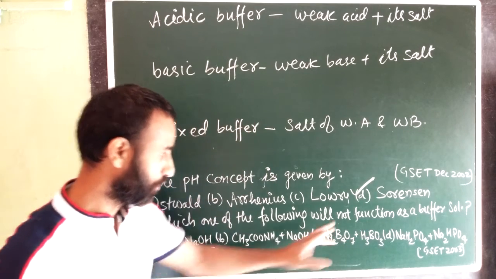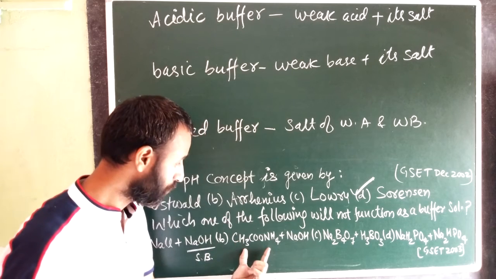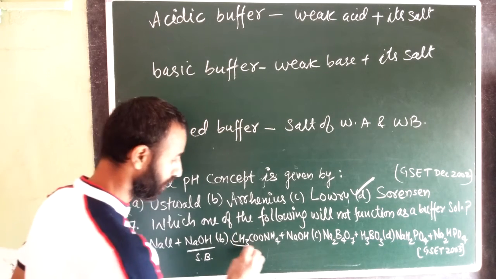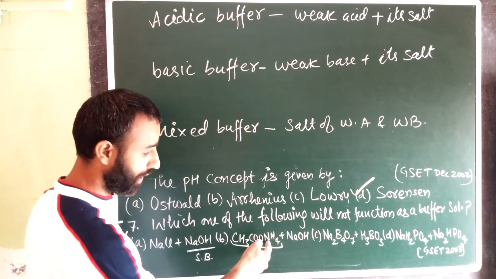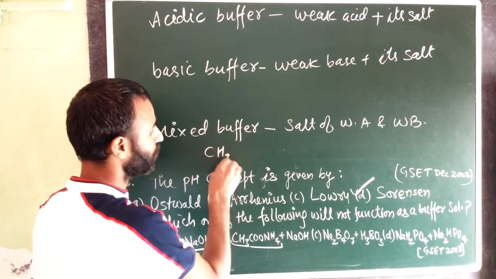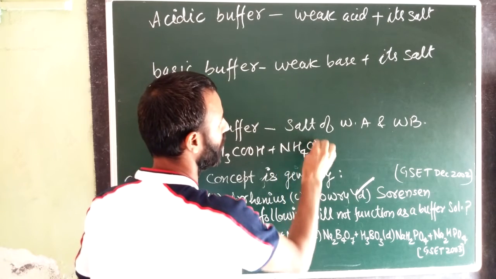So why are other options not correct? Just see. First is ammonium acetate. You know, it is a mixed buffer on its own. It is a salt of weak base and weak acid. It is a salt of acetic acid and ammonium hydroxide.